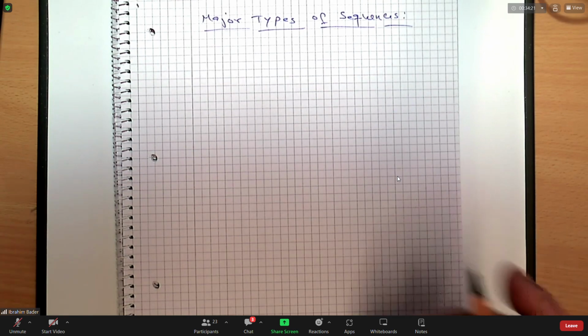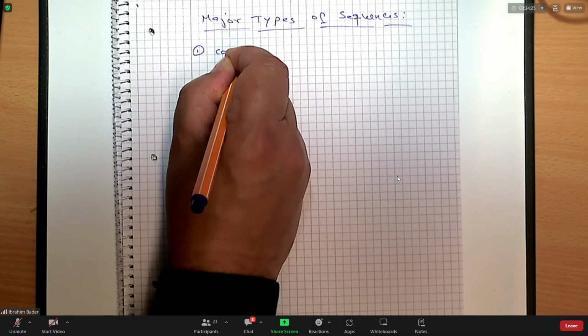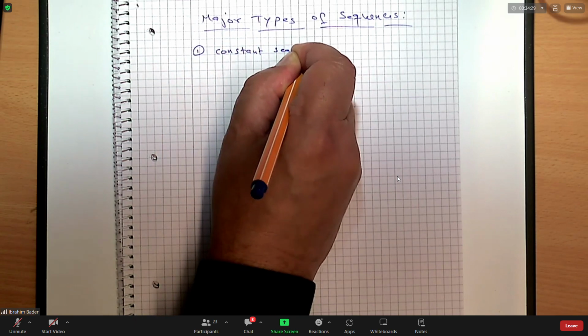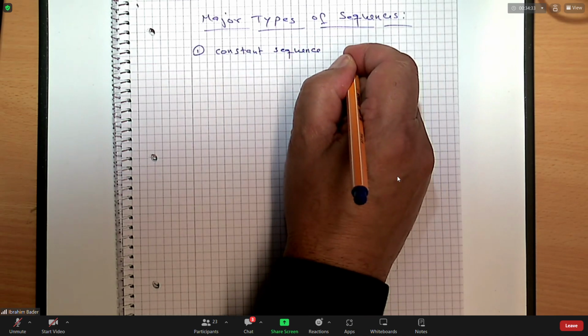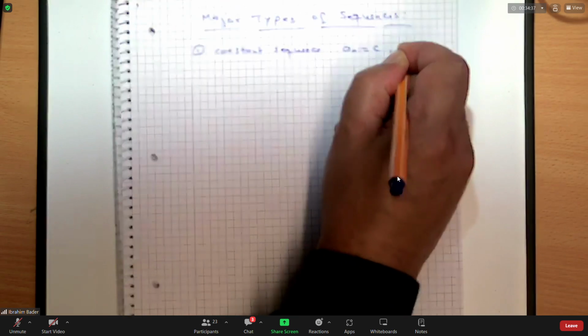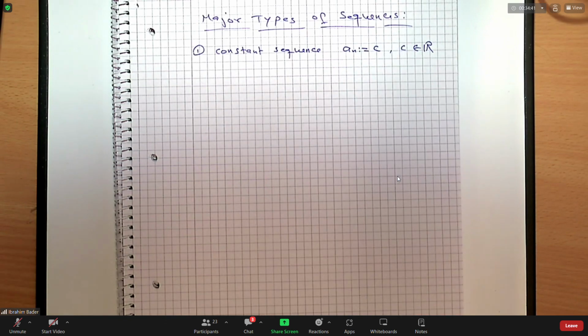So the first type here is the constant sequence. Constant sequence, you just have a number. So a sub n is defined as equal to C, and C is in R. So C could be any element.